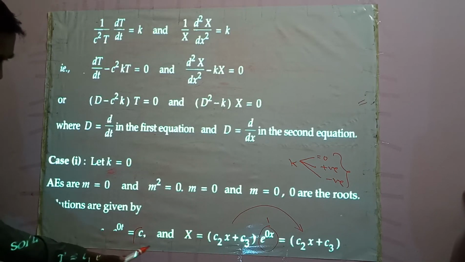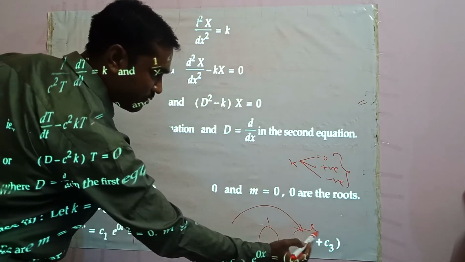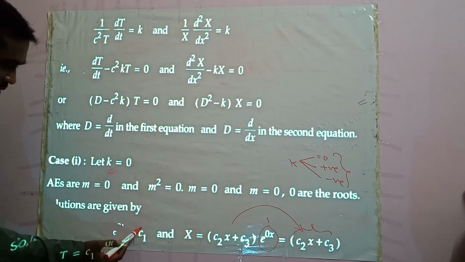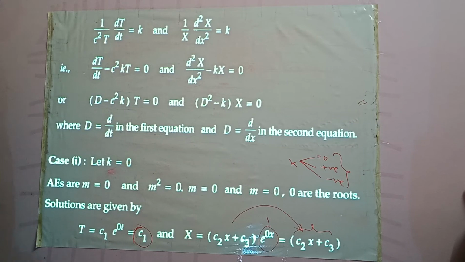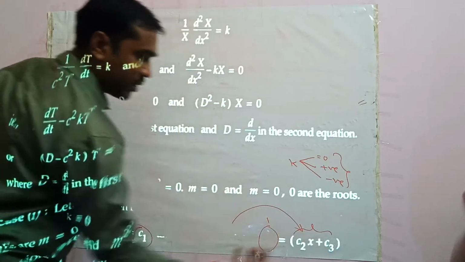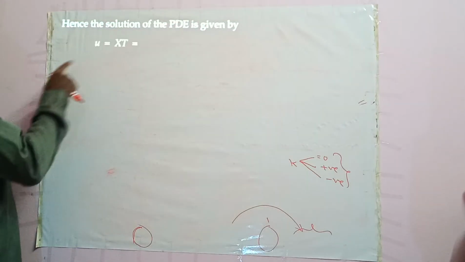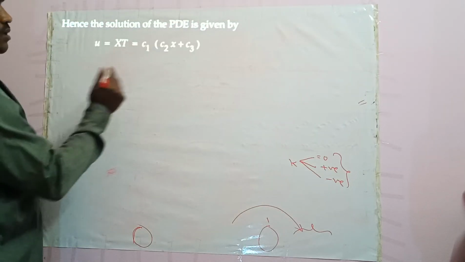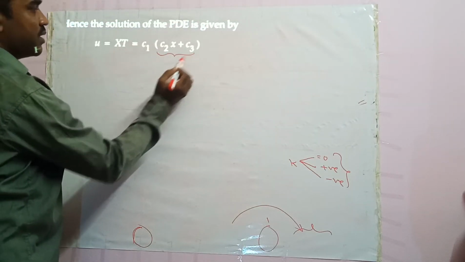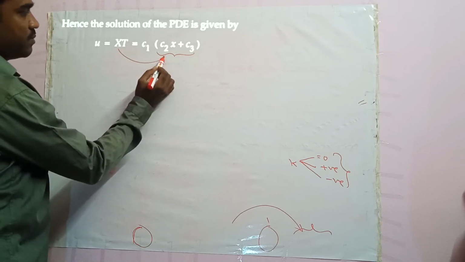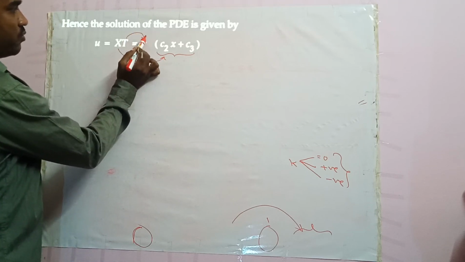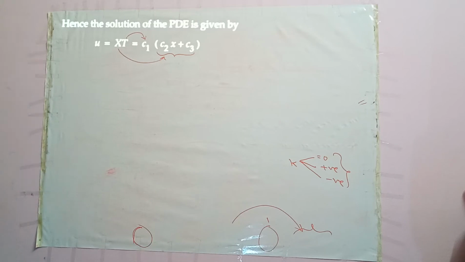X is this, and T is C1. In the place of capital X we will write this, in the place of capital T we write C1. So X into T. See, this is your X and this is your value of T we have written.